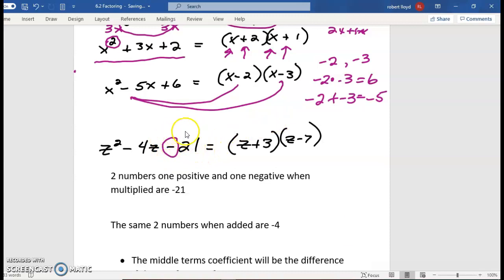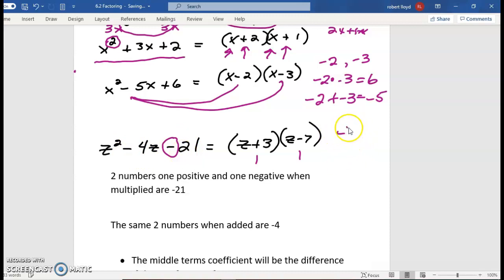When you're factoring a trinomial that has a squared term in it and the last term is negative, one of them is going to be positive. One of them is going to be negative. So we need 2 factors of negative 21 that add up to negative 4.